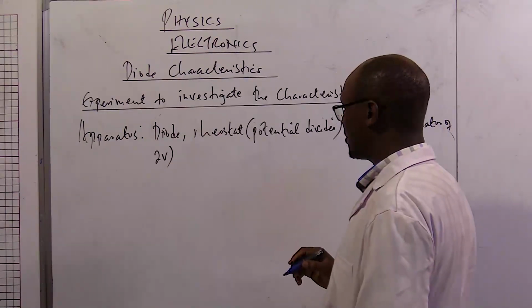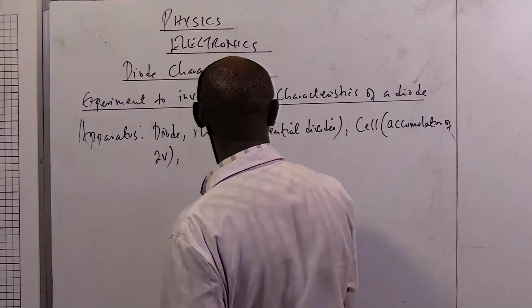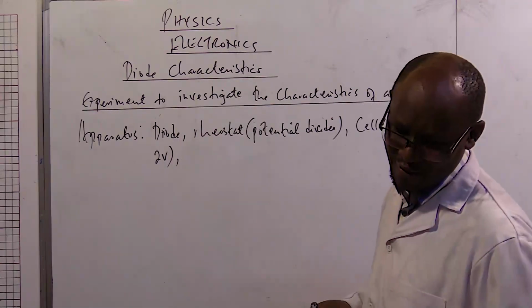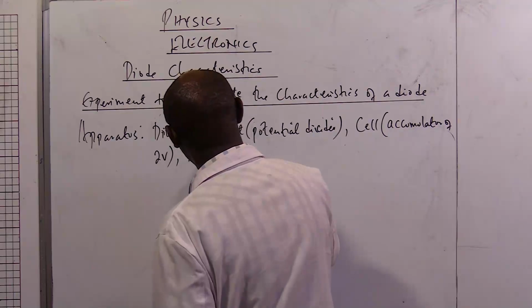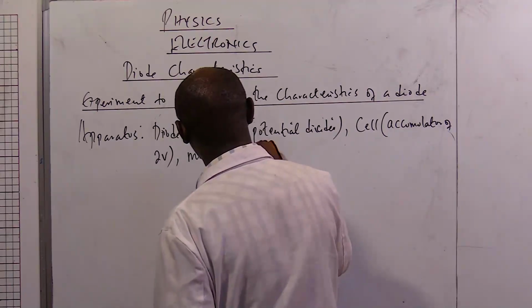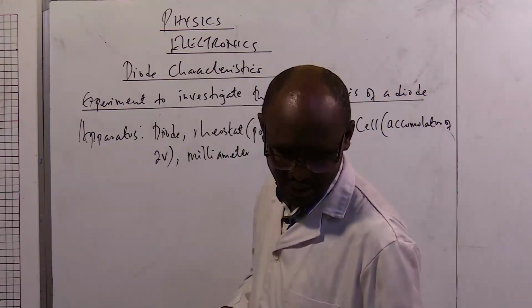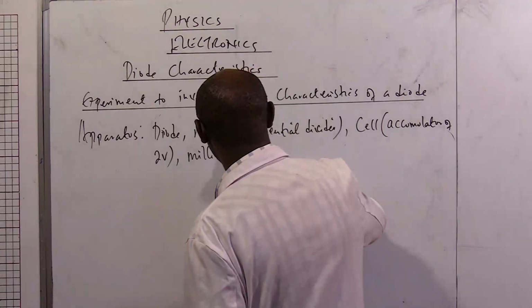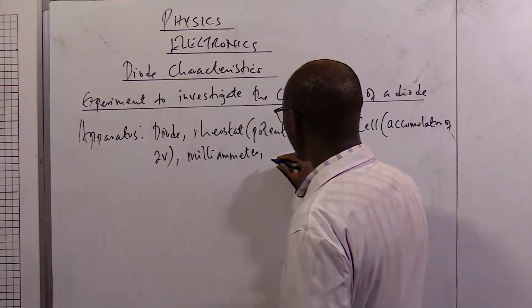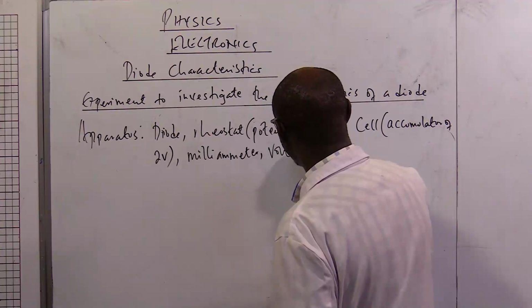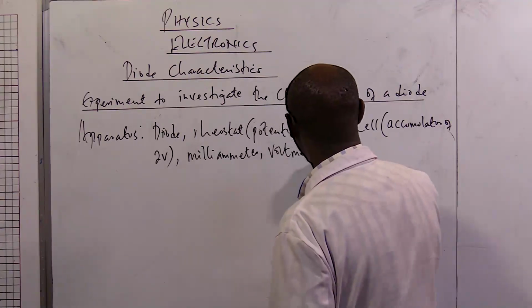Again, we require a milliammeter. The ammeter should have a double M. We also need a voltmeter.